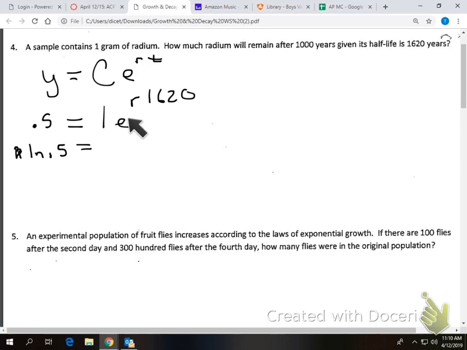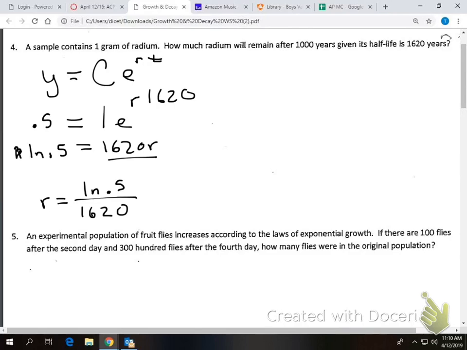And then the natural log of e goes away, so now you have what? So can I write it as 1620R? It just makes me feel uncomfortable when I put the number in front of the variable. And then I'm going to divide by that 1620, yes? So there's my rate. It's the natural log of 0.5 divided by 1620.